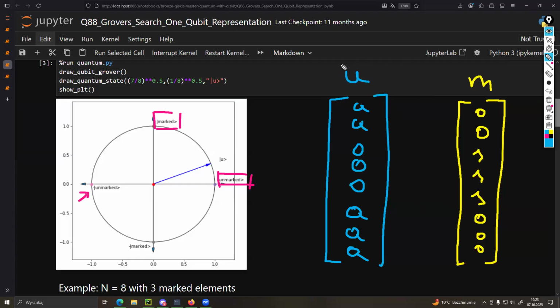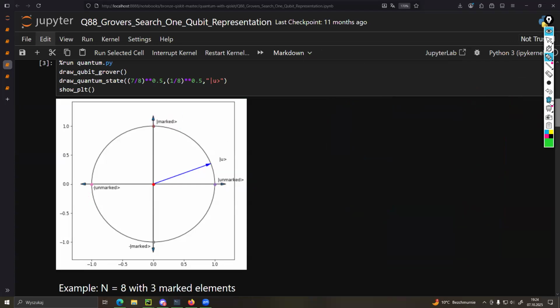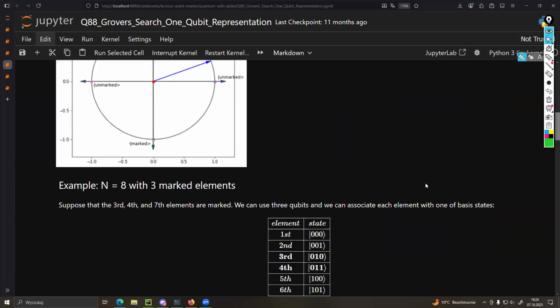I have two vectors now, and I could just combine them linearly to make the combined reduced space and represent it in a two-dimensional plane. This is really nice to simplify the reasoning for ourselves.